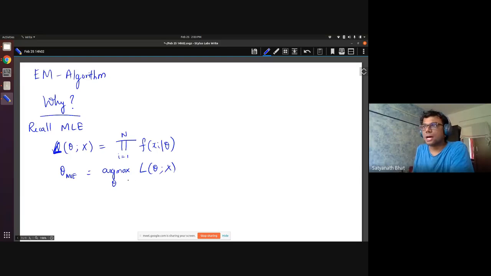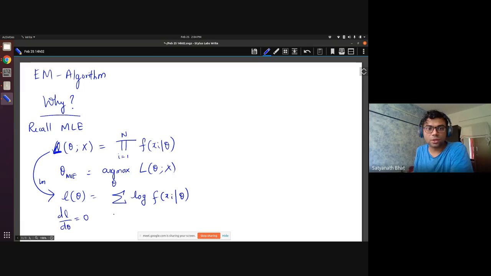In order to find this argmax, what we typically do is we take the natural log, ln, of this entire expression, and we write it as small l, and this becomes the summation of log of f of xi given theta. Then you take the derivative with respect to theta and set it to 0, and that gives us the MLE estimate. So this is what we do in the general case.